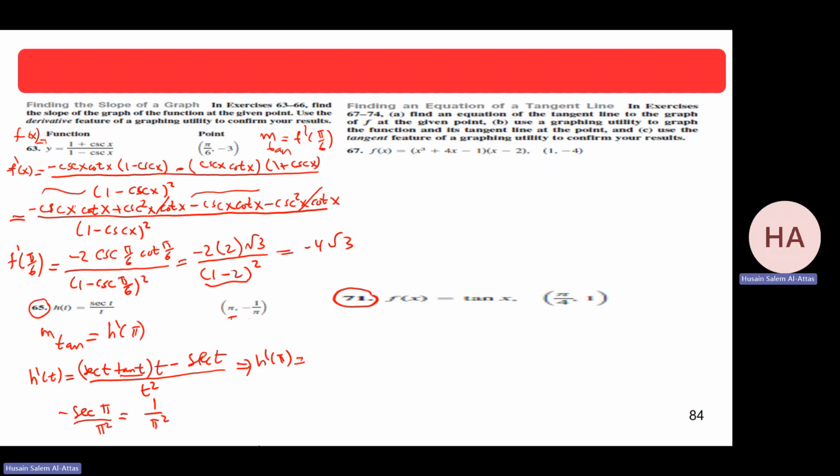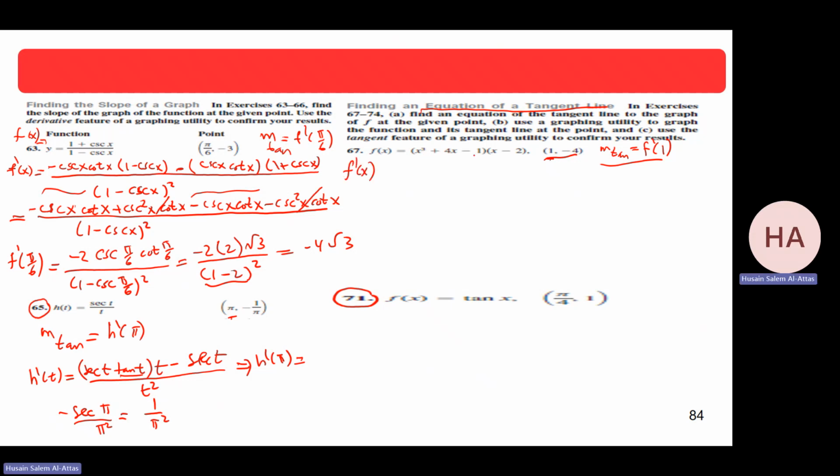Okay. In this group of questions, we need to find the equation of the tangent line. Equation of the tangent line means I need to find the slope, and then just use the slope. M tangent will be f prime at 1. So I have a point, I have the slope, and we just find the equation. I need to find f prime.